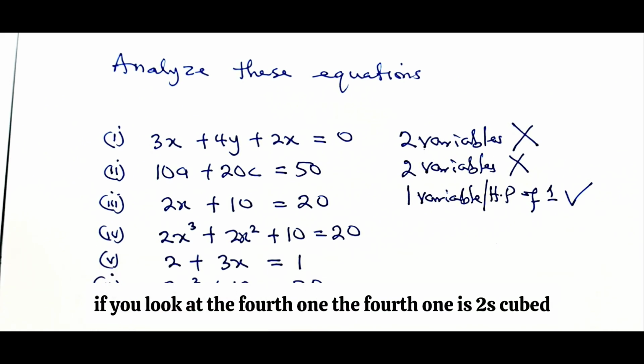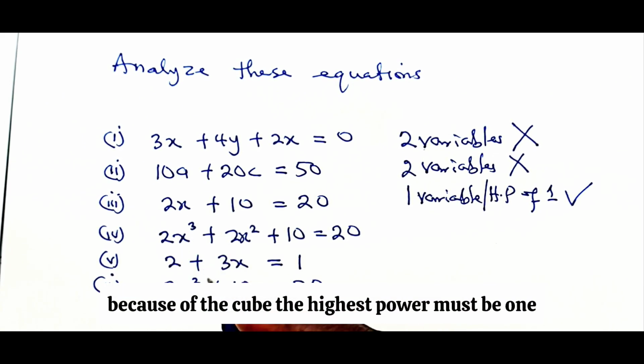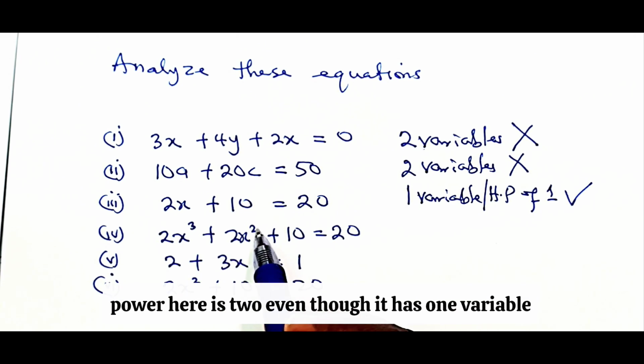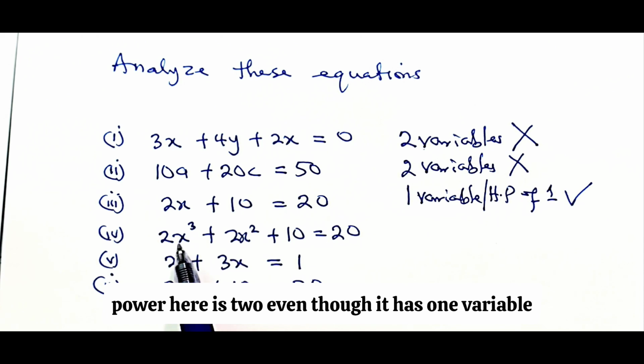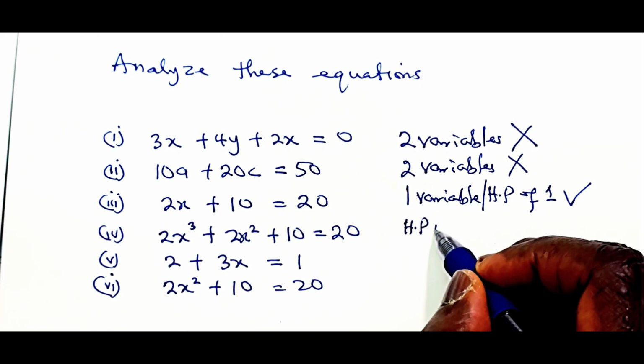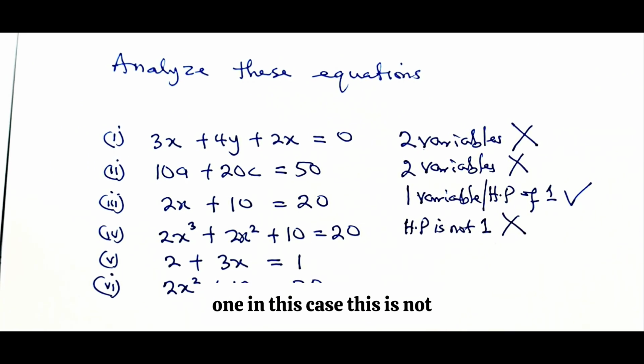If you look at the fourth one, it is 2x cubed. Because of the cube, the highest power must be 1, but the highest power here is 3, even though it has one variable. So the highest power is not 1. In this case, this is not a linear equation in one variable.